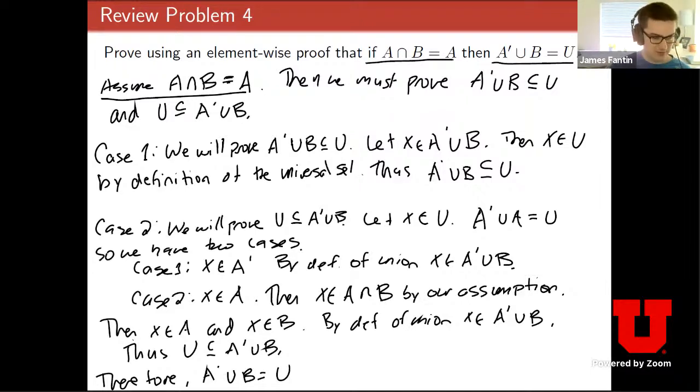Because we're doing an element-wise proof, we don't want to get comfortable citing theorem 6. Theorem 6 lets us do a lot of these proofs more directly, because it gives us the distributive property and all these other properties, and that's not what we want when doing element-wise proofs, because we just want to be talking about the element X and then concluding that it's in these different sets. So I think we could use the definition of complement here and conclude that.